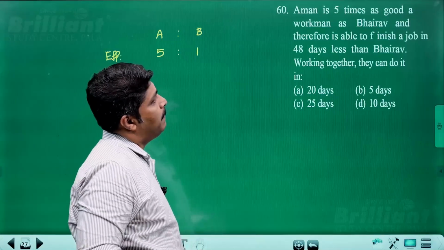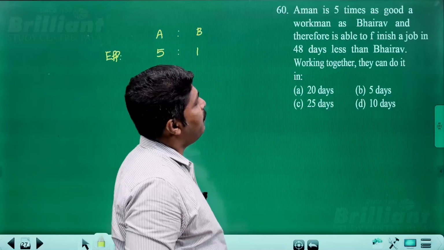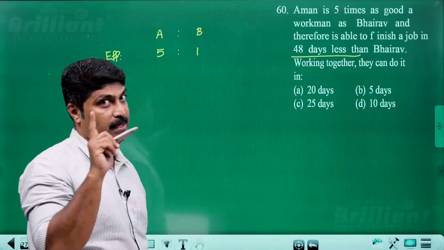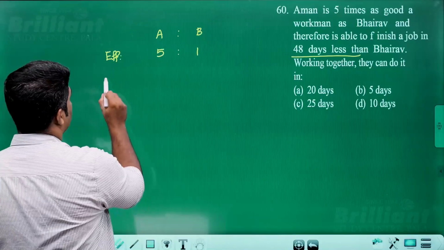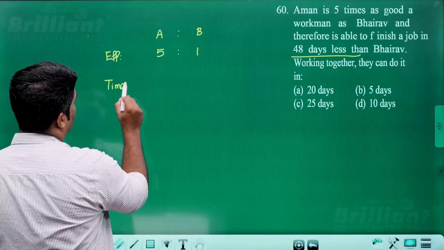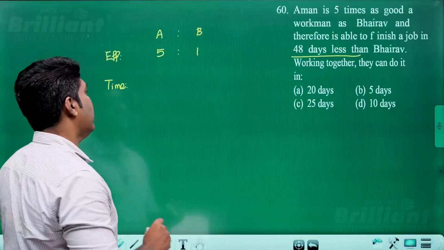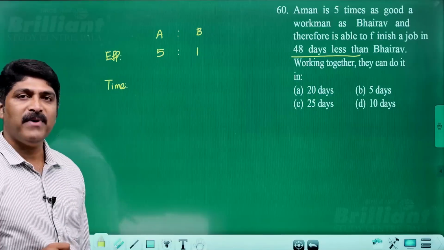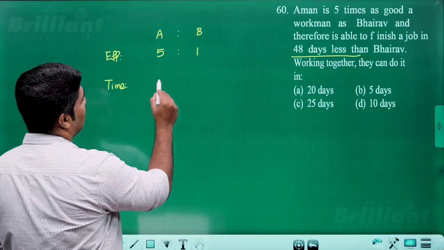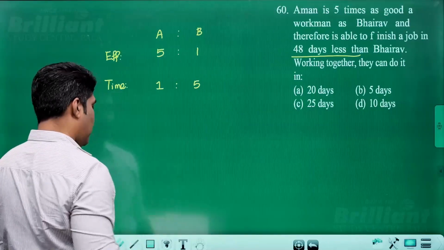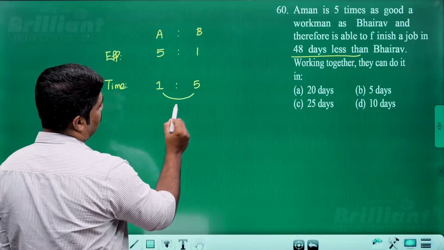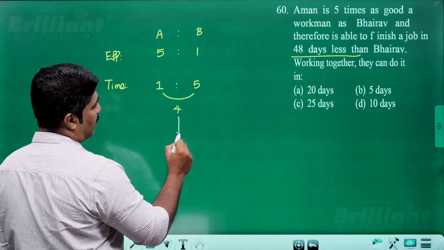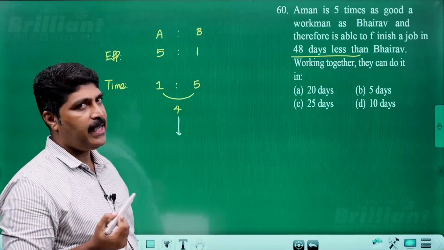And therefore, he is able to finish a job in 48 days less than Bhairav. That's the important point. Therefore, we have to take the time. In such a kind of less-than arrangement, we have to apply this time ratio. If the efficiency ratio is 5:1, the time ratio is 1:5. From here, we can catch what's the difference. This 4 is representing that Aman required 48 days less than Bhairav.